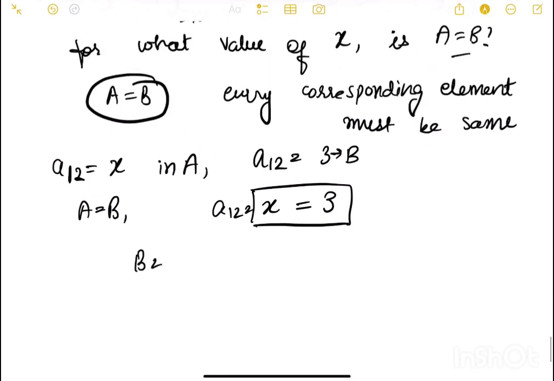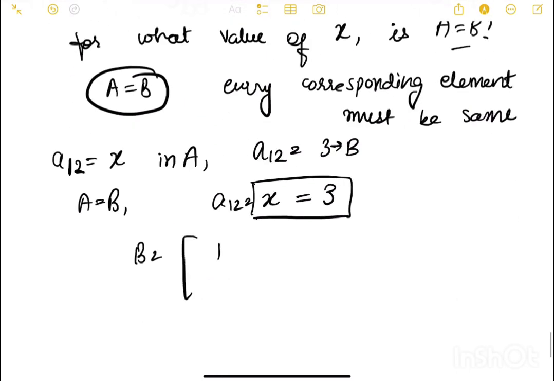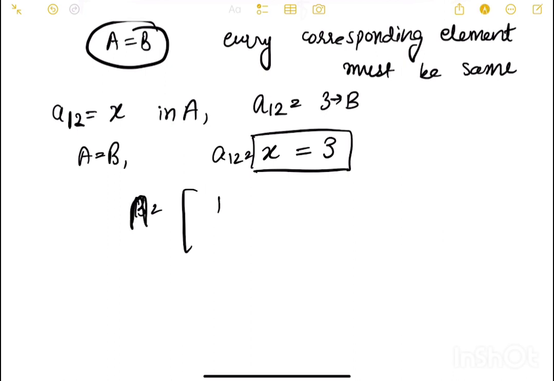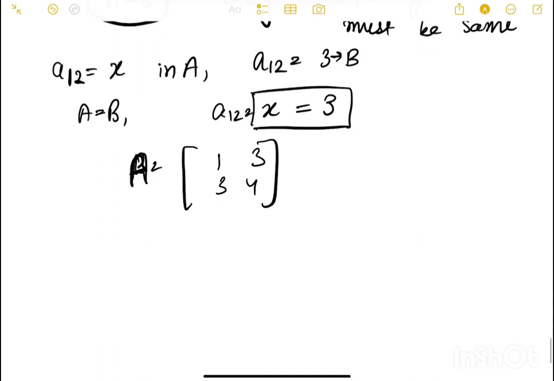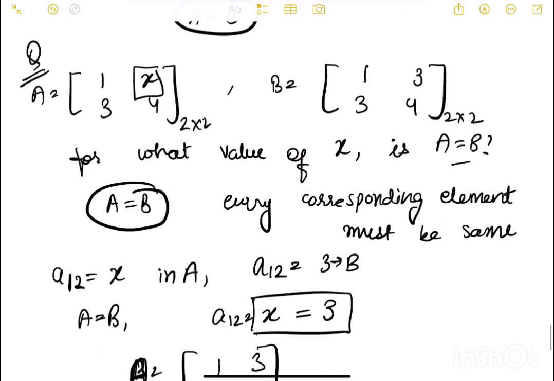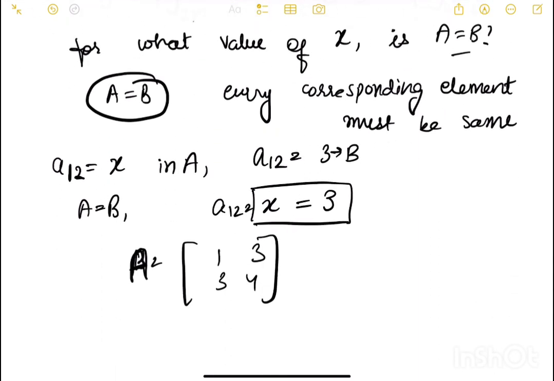So what will my matrix A be? A is 1 3 3 4. So this is a very easy applied question based on equality of matrices, showing how I have calculated the value of x so that the two matrices are equal.